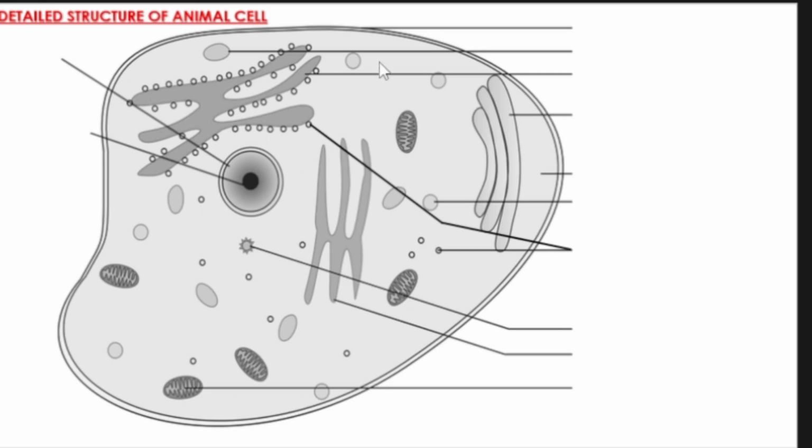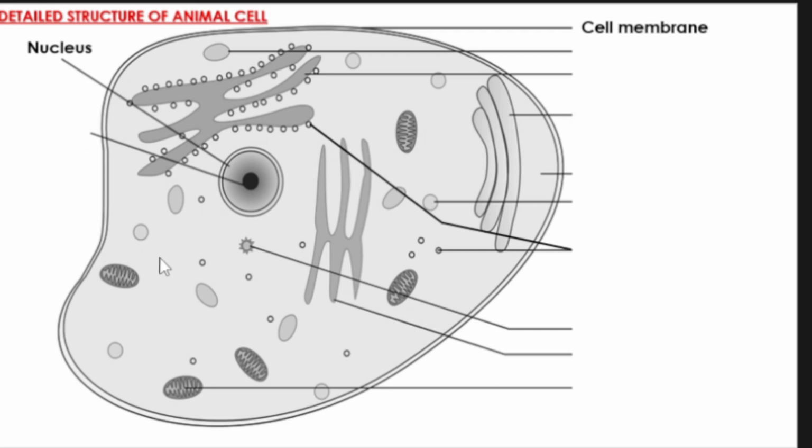The first layer here that encloses the cell is called the cell membrane. This is from grade 8 integrated science, nothing new. Then this part which controls all the activities of the cell is called the nucleus.